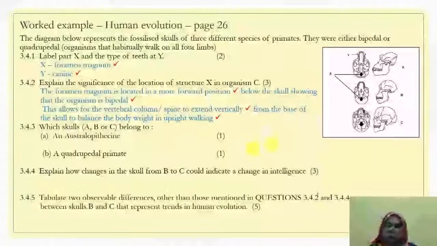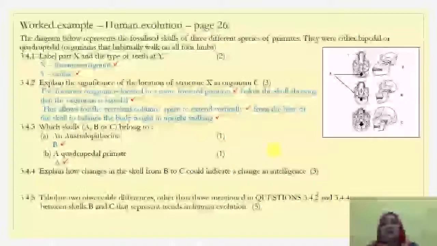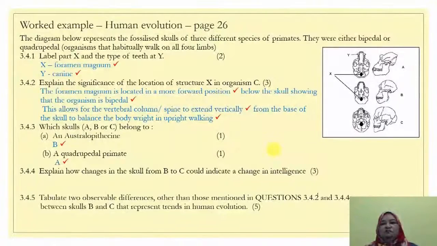Which one is the quadrupedal primate? Would be A. Thank you very much. So they have B as the Australopithecine and the quadrupedal primate as being A. Explain how changes in the skull from B to C could indicate a change in intelligence.